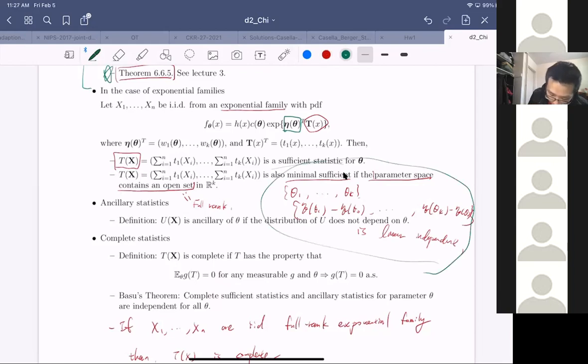And the follower can make sure this happens. You can find k points and the theta such that this is linearly independent. Okay.